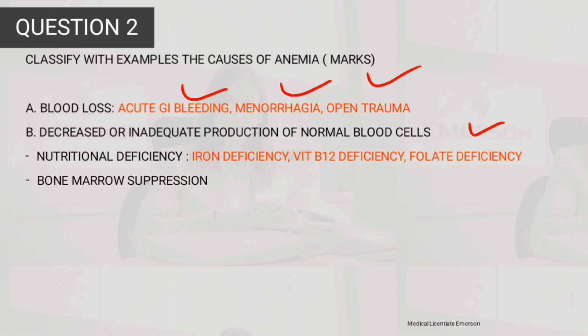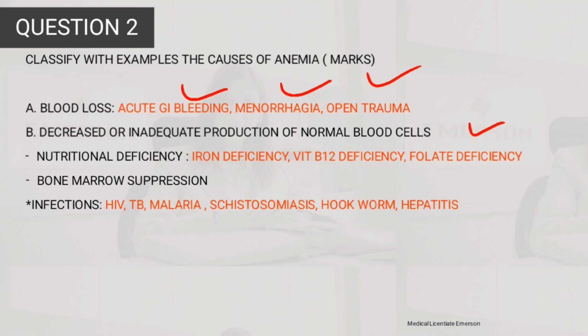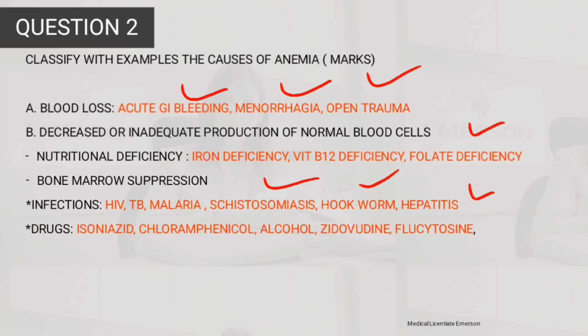Then we have bone marrow suppression under the same decreased production, where infections causing the bone marrow suppression are HIV, TB, malaria, schistosomiasis, hookworm infestation, and hepatitis. We also have drugs such as isoniazid, chloramphenicol, alcohol, zidovudine, and fluoxetine.